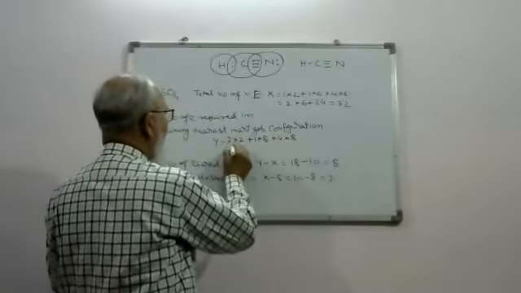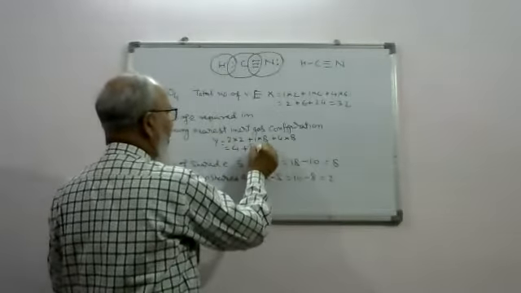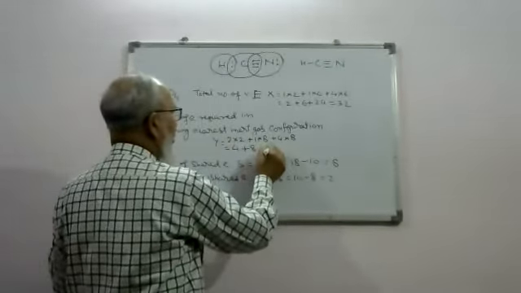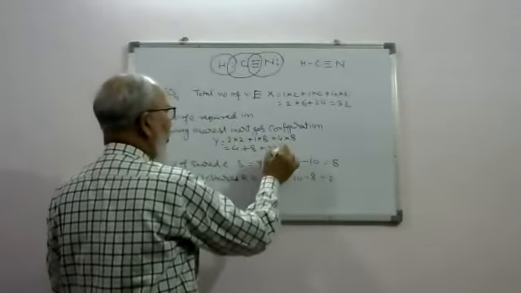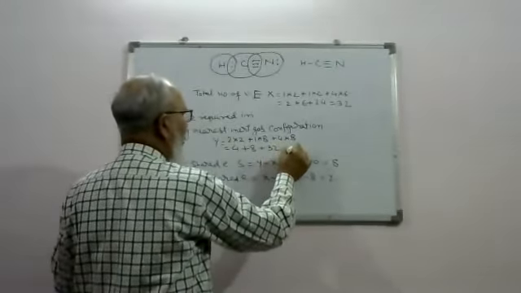This will be equal to 4 plus 8 plus 32, which is 40 plus 4. This is equal to 44.